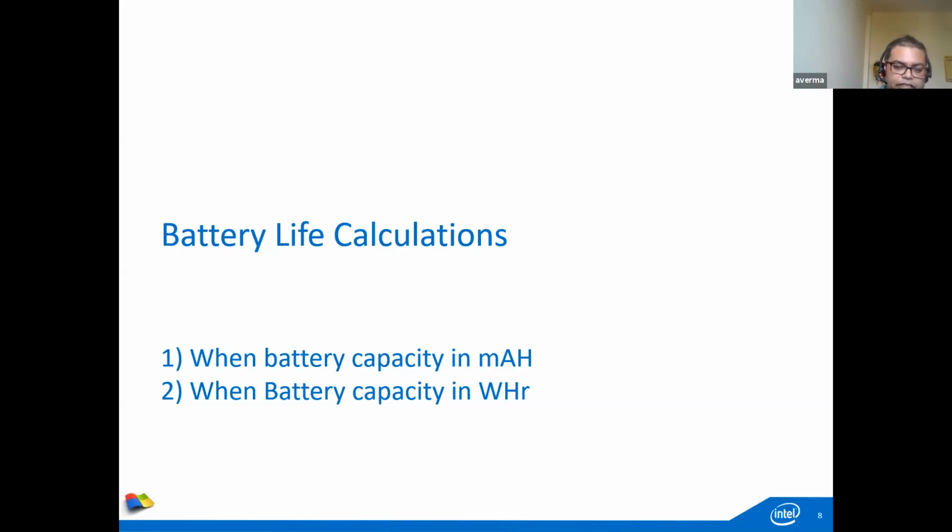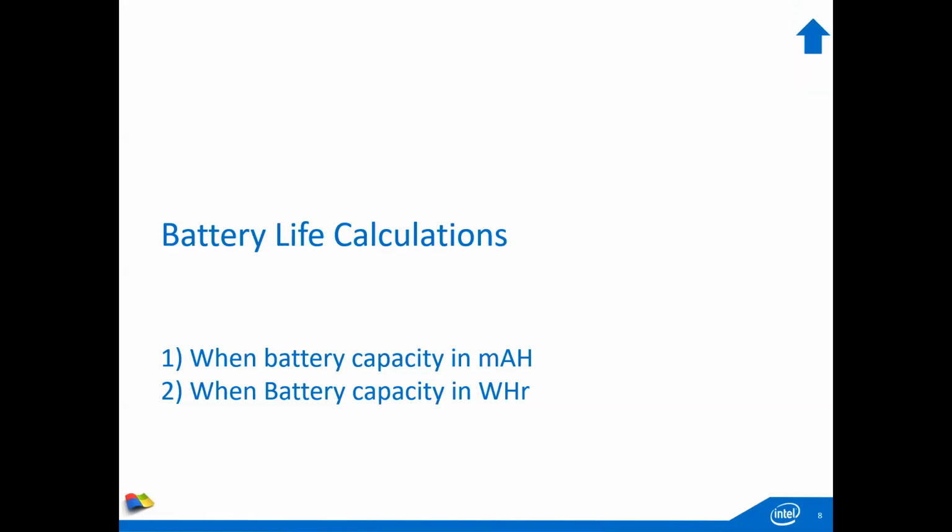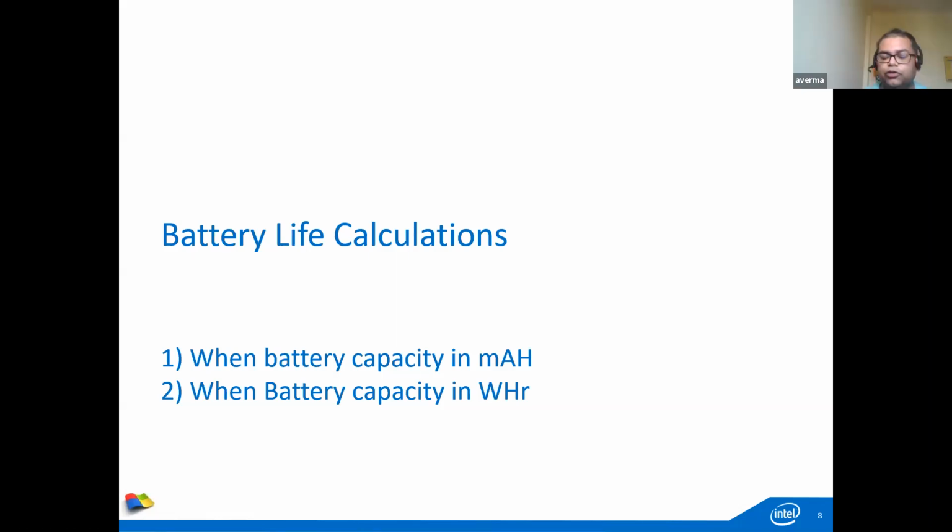The other specification you might see that, okay, let's say 50 watt hour. What does that mean? So if you consume the power of 50 watt consistently, your battery will be empty in 1 hour. So that's the way this specification comes with these all devices.